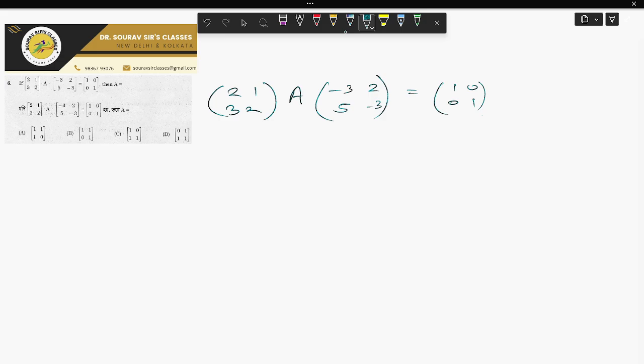So what can we do? Let us name these B and C. Now we can write it as BAC equals I, and we are going to solve for A. To solve for A, multiply both sides of the equation by B inverse on the left and C inverse on the right.